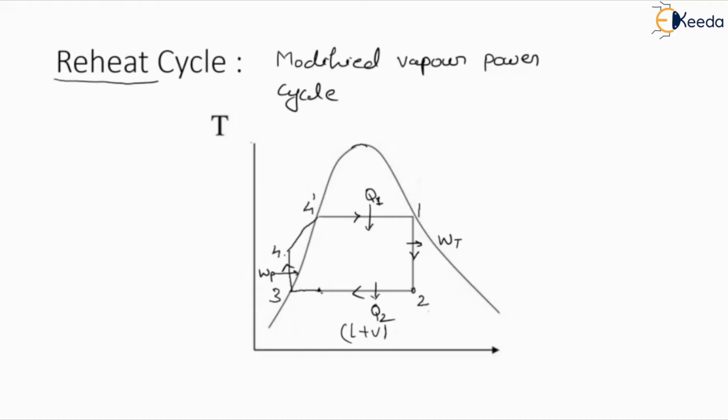But if we extend this line till point 3, it converts into saturated liquid, complete or pure liquid. So it is easier for us to transfer this liquid to the boiler with the attained boiler pressure. This drawback we can resolve.